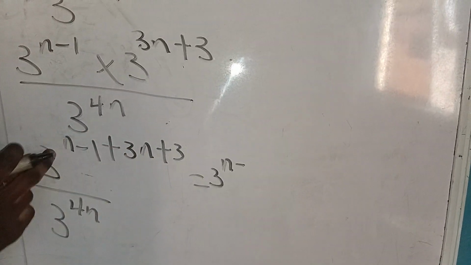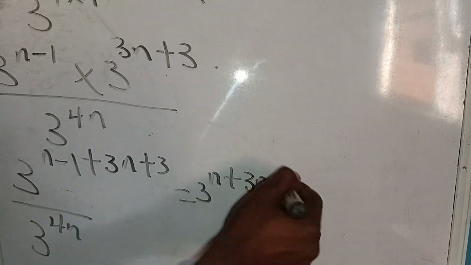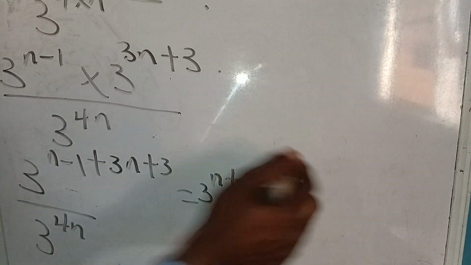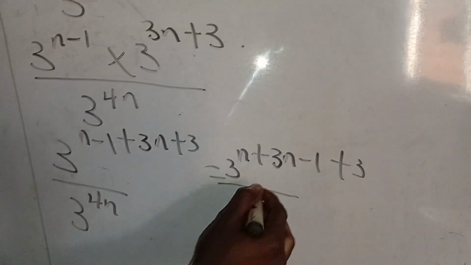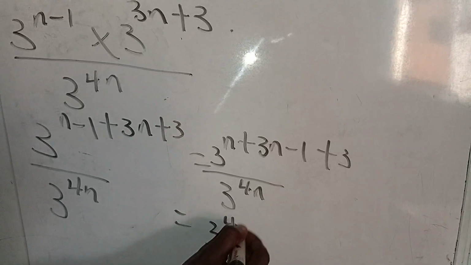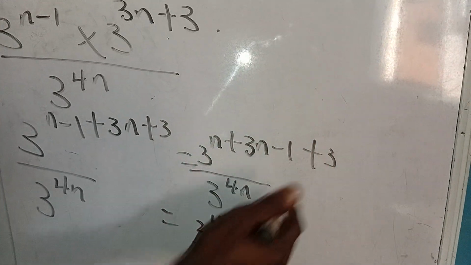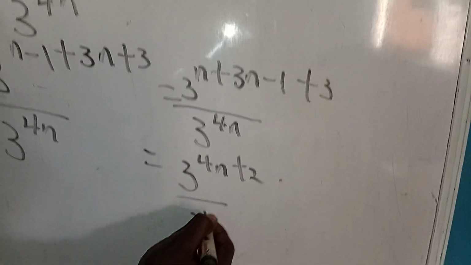That means n and n will come together, plus 3n, minus 1 plus 3, over 3 raised to power 4n. So we are going to have 3 raised to power 4n, minus 1 plus 3 gives plus 2, then over 3 raised to power 4n.